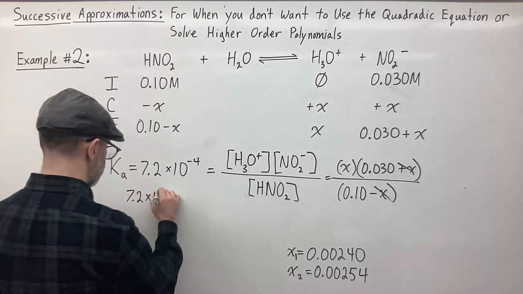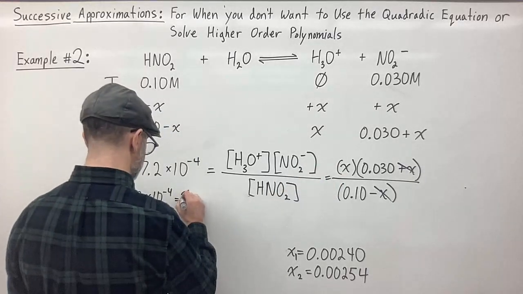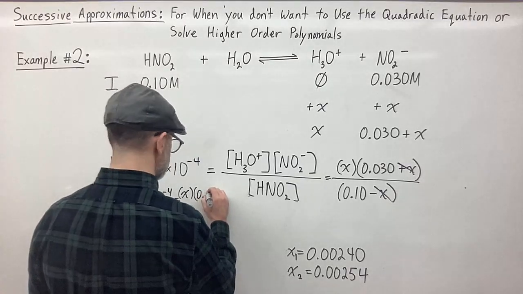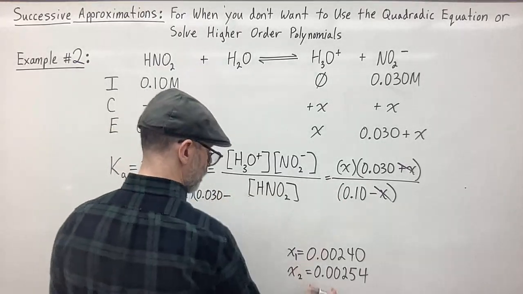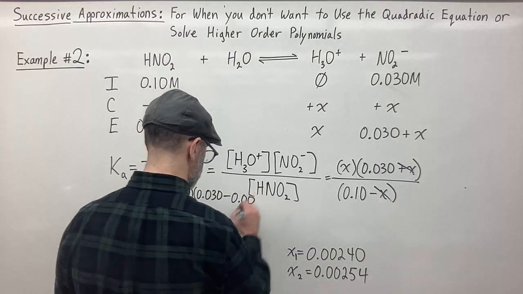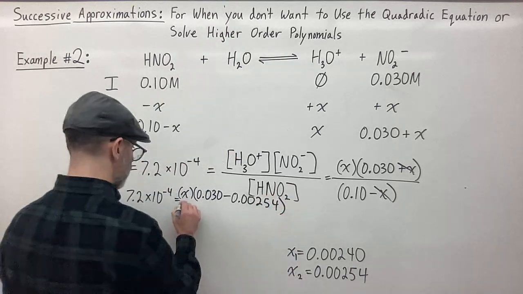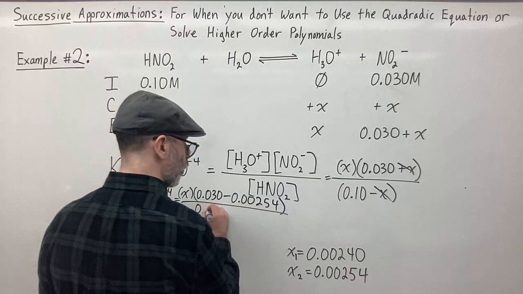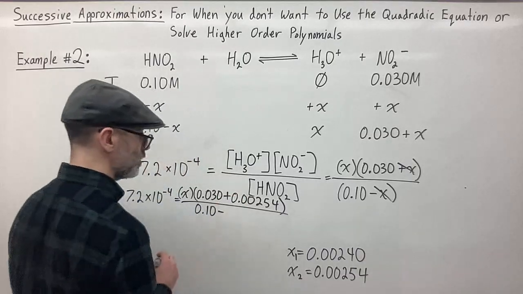Okay, so here again I have 7.2 times 10 to the negative 4. That's going to be equal to x times 0.030 minus, and then my second x value, that's going to be 0.00254, and then divide that by 0.10 minus, oops, that should be a plus x, sorry.